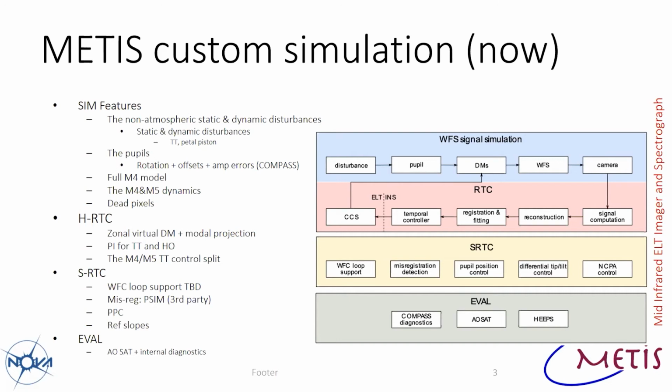And then we have a set of evaluation modules, which include Compass internal diagnostics. So here we have, for example, a special petal tracking. We also do some DM telemetry. Then we have AO-SAT, which is a standard tool we're using for looking at all kinds of metrics in the residual wavefronts. And there is HEAPS, which is a high contrast simulator from the people in Leuven.